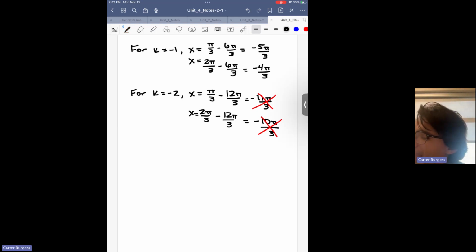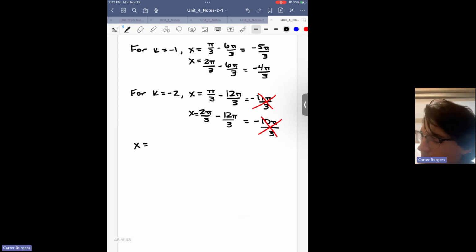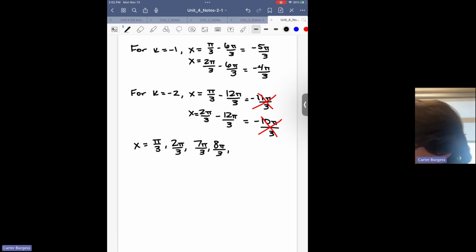And so what do we have? Well, we have 6 different solutions for x. We have 2 solutions when k is equal to 0. That was pi over 3 and 2 pi over 3. We have 2 different solutions when k is 1. That was 7 pi over 3 and 8 pi over 3. And then we have 2 solutions when k is -1.